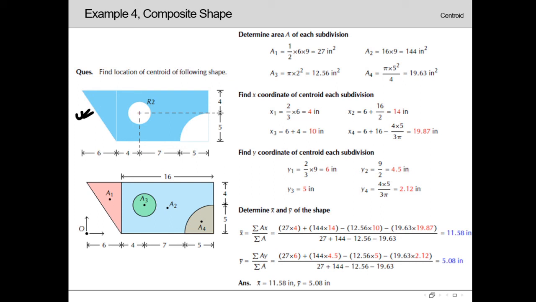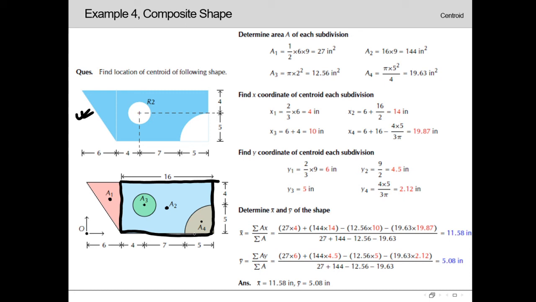So similarly, we need to calculate x1, x2, x3 and x4, as we are considering 4 segments in total. This is the center of the first segment, this is the center of the second segment, which is the entire rectangle, and this is the third segment, which is a circular one, and our fourth segment is a quarter circle.